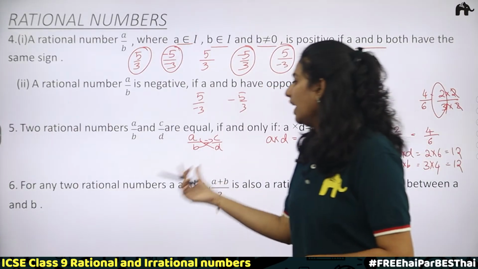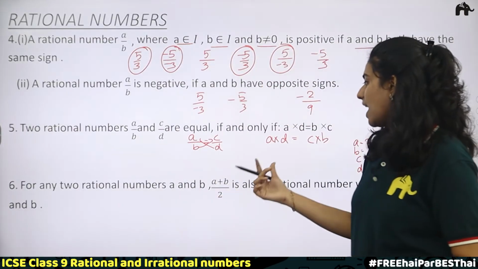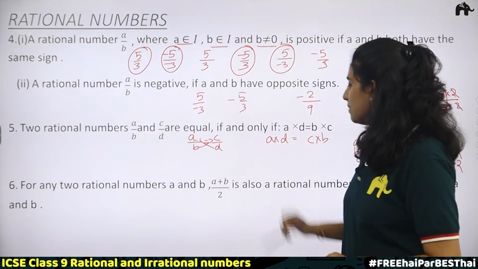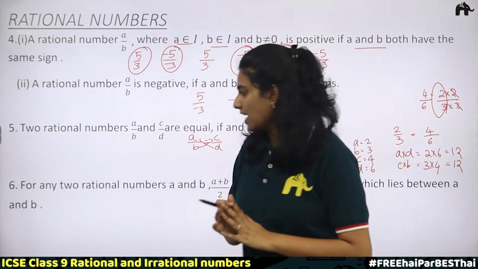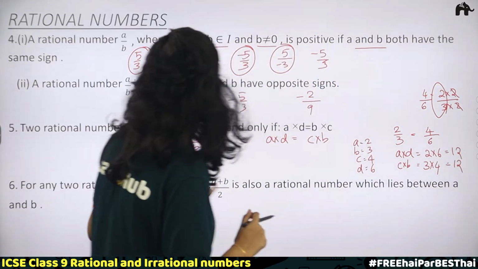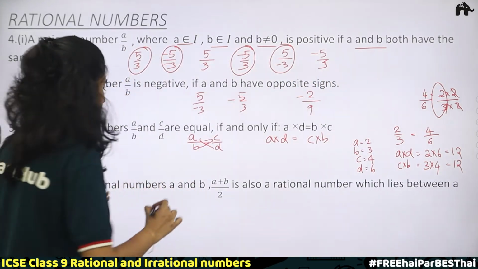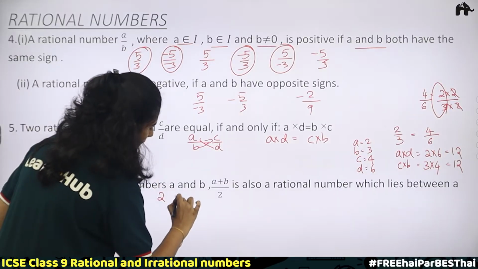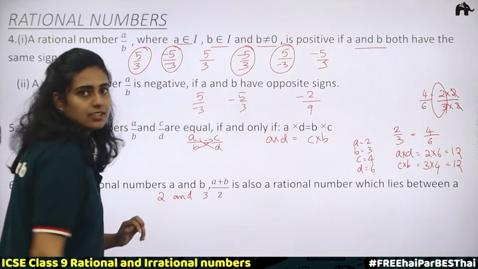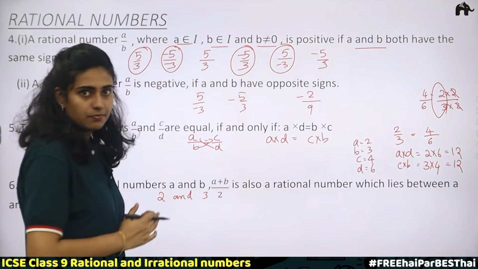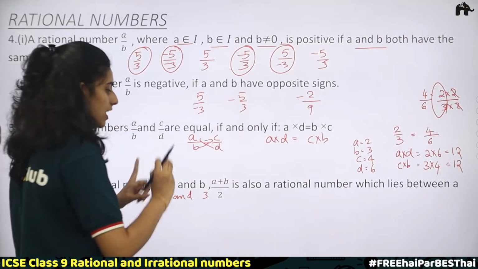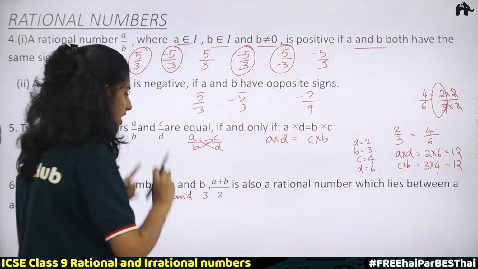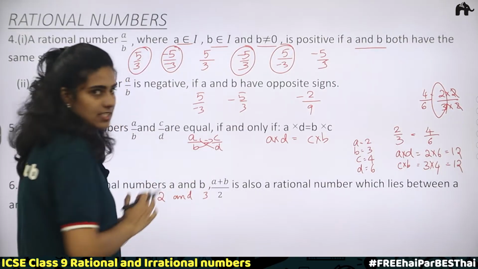For any two rational numbers a and b, a plus b by 2 is also a rational number which lies between a and b. So here if you have two rational numbers, for example, 2 and 3, then to find a rational number which lies between 2 and 3, what you have to do?